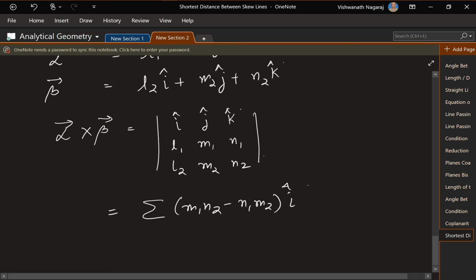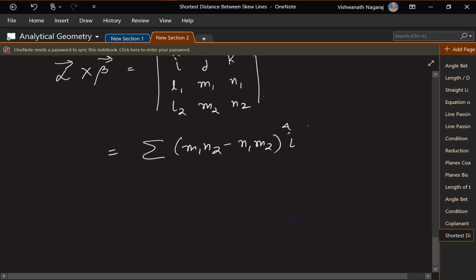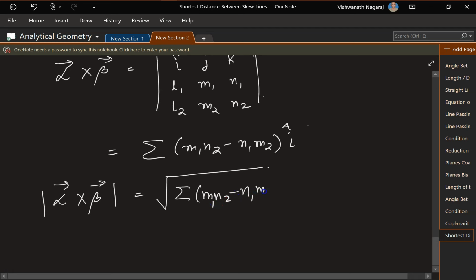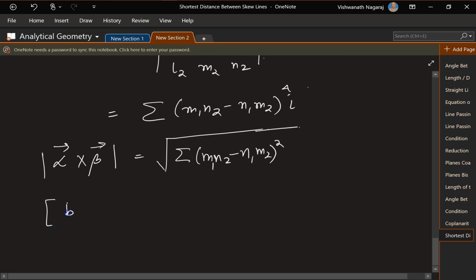Remember, this is the circular notation. Okay. And the magnitude of alpha cross beta would be what? It would be the square root of (M1 N2 minus N1 M2) squared, plus the other two similar terms.